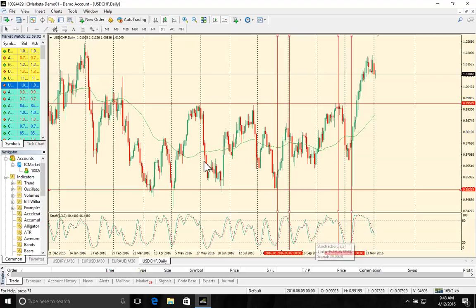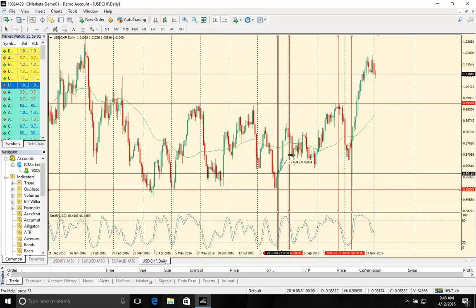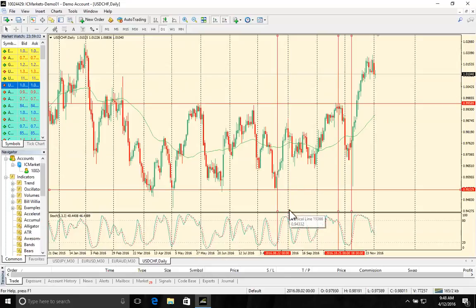Right? So now you calculate how much profit you have made. This is your entry and this is your exit. So it's about 123 pips in 11 days. 123 pips means if you make 100 pips, that's $1,000. Okay.